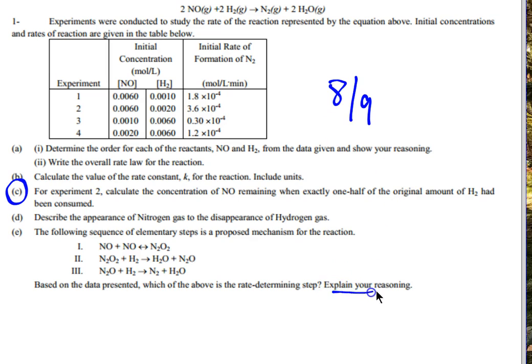This did say explain your reasoning, I guess. So this part would have been 1 point. Your reasoning would have been something about that by step 2, all parts of the rate law are represented. That's all you really need to write. And so that meant that the second step was your rate determining step.